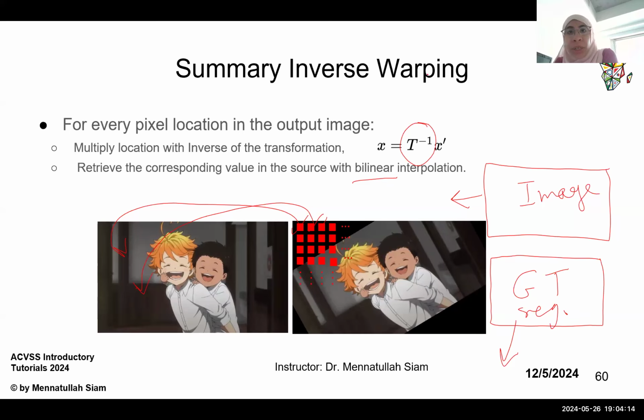So, anyone know? If I have the image, what type of interpolation? So far we talked about bilinear, bicubic, and nearest interpolation. I didn't tell you what bicubic is, you can ignore it, but we talked about bilinear and nearest. What type of interpolation will you use here versus here?